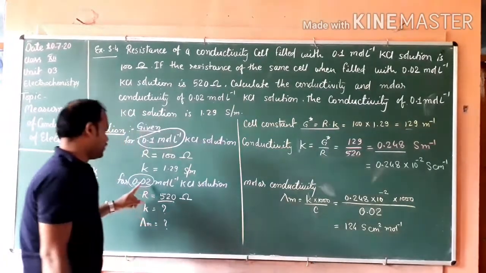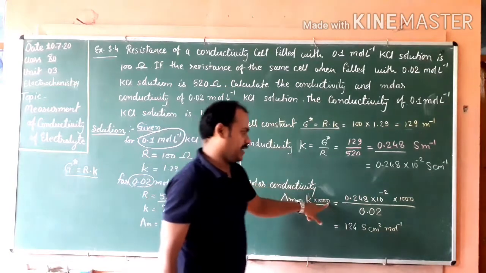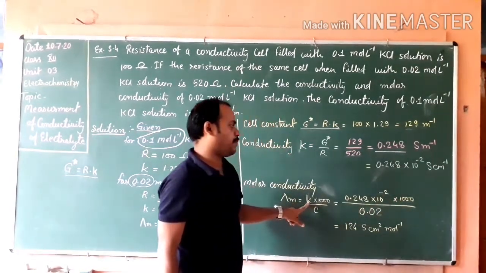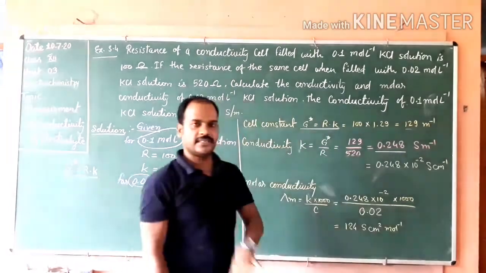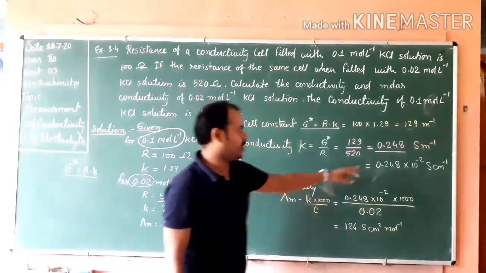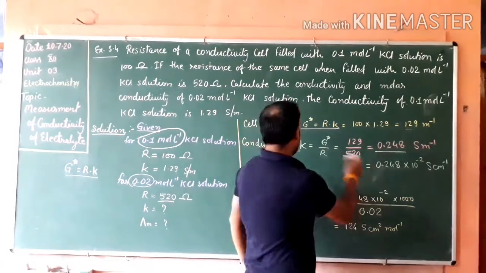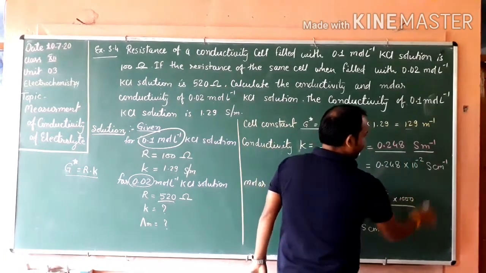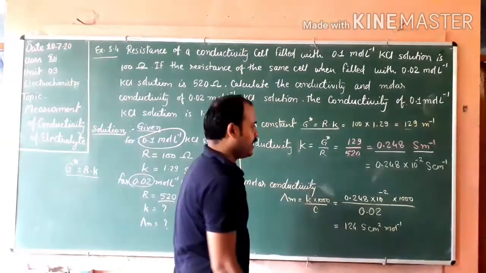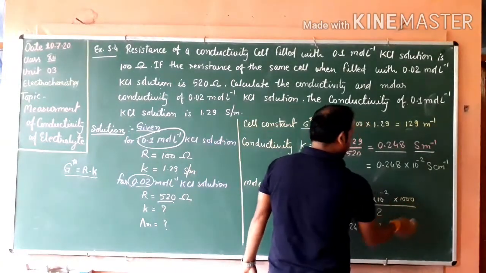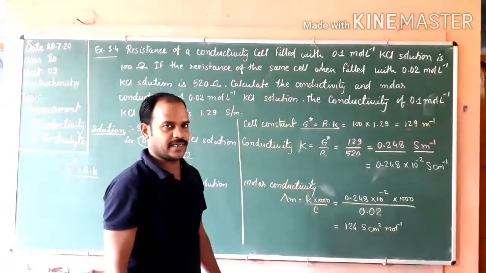Concentration should be in mole per liter. So the concentration is given, 0.02 mole per liter. 1000 is here. We have to know only kappa. Kappa is in meter, and since liter means centimeter cube, we have to convert meter into centimeter. So the conductivity in terms of meter is 0.248 Siemens meter inverse. In terms of centimeter, it will be 0.248 into 10 power minus 2 Siemens centimeter inverse.